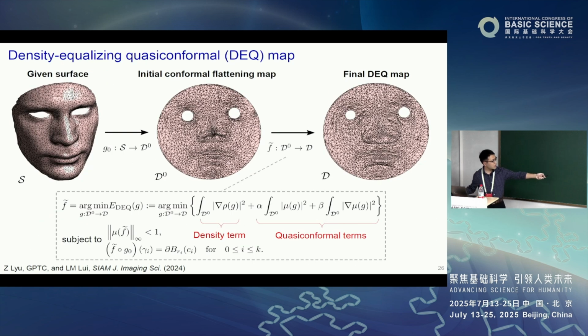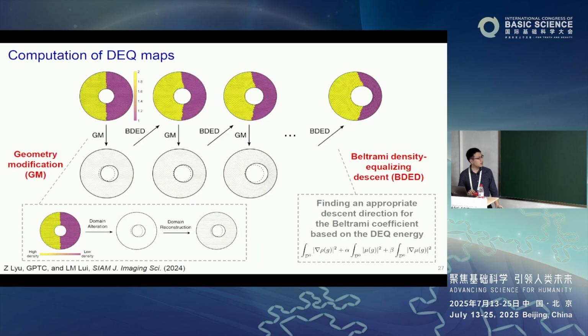In this process, from the initial map to the final mapping, we will be doing an iterative scheme, decomposed into two major steps. The first major step is called geometry modification, where we are just trying to handle the boundary. This time we have the outer boundary and also the inner boundary, and we want both of them to be enforced to be circles.